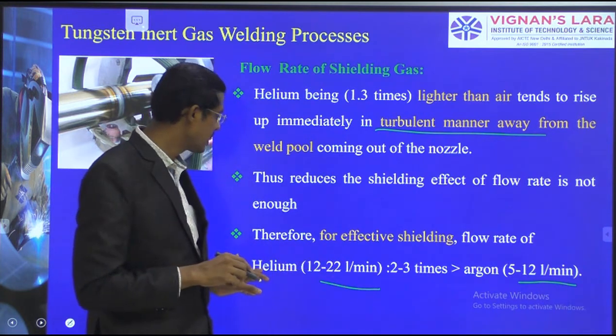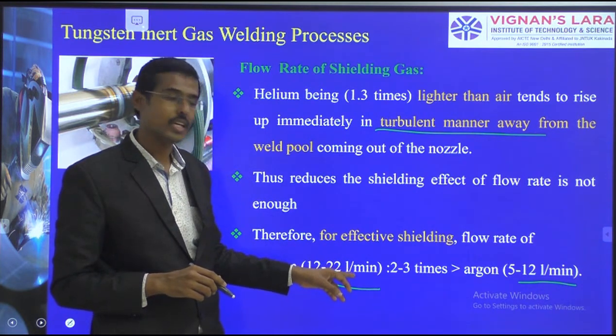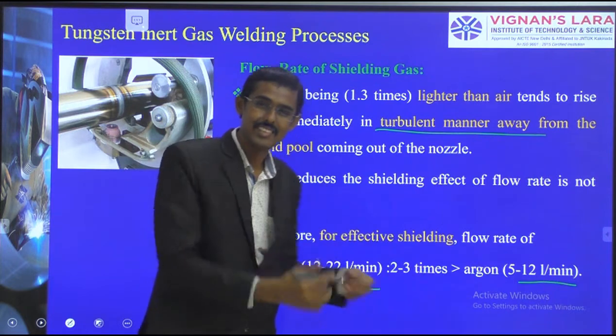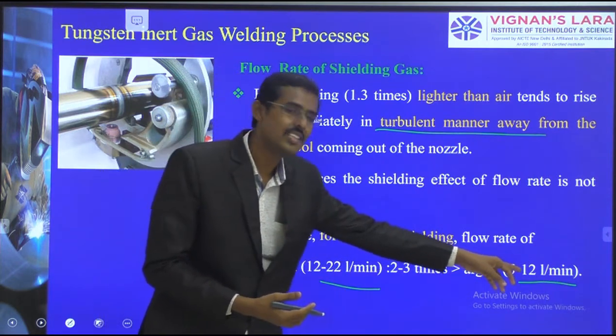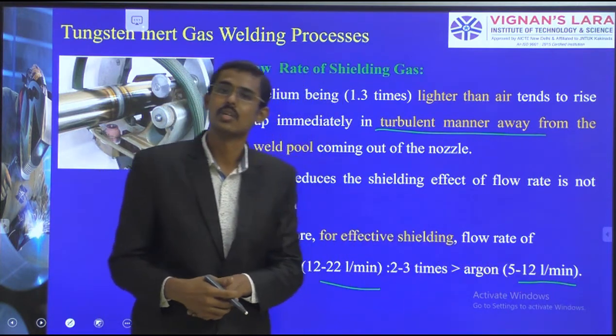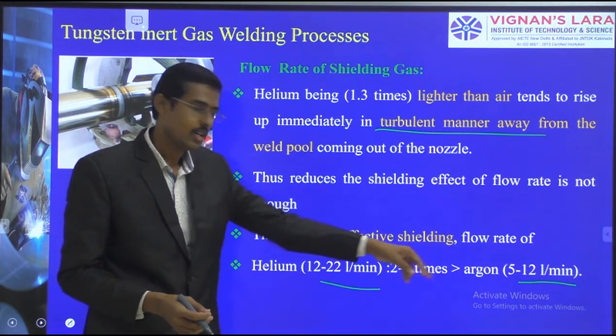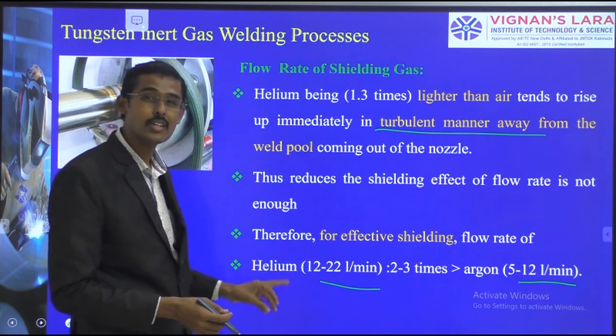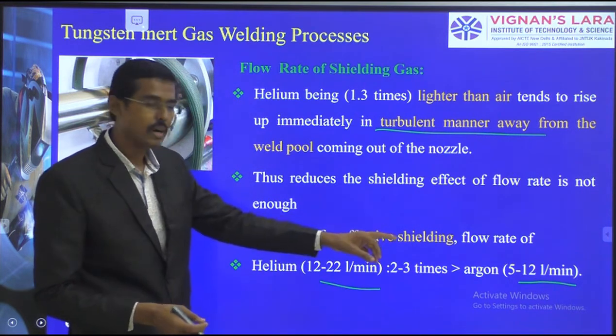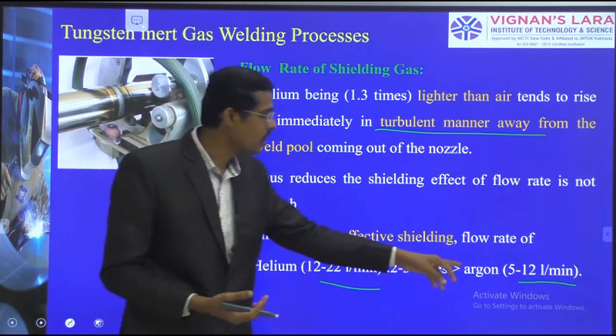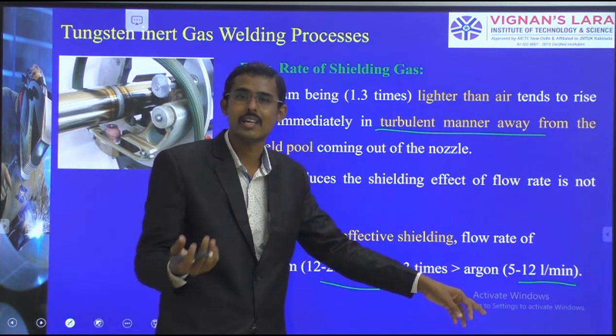So here helium is given 22 liters per minute, and argon, being heavier, needs less, only 12 liters per minute. So see, here I am giving 12, but here I am giving 22. More consumption is there. Therefore, preferably we can use argon in the downhand positions in all cases.